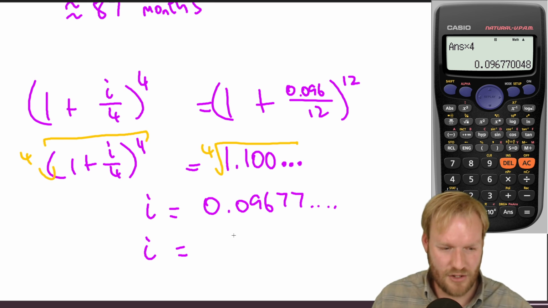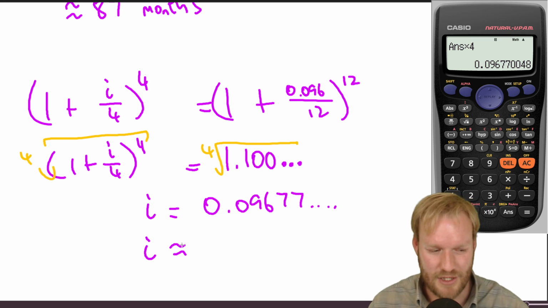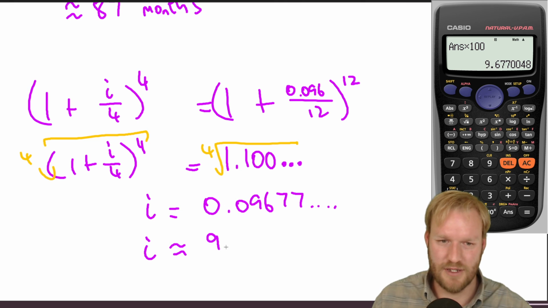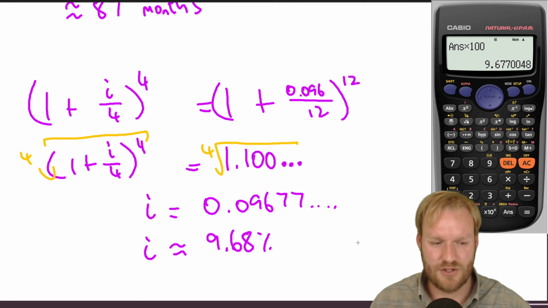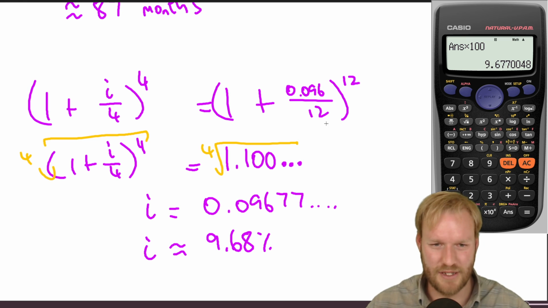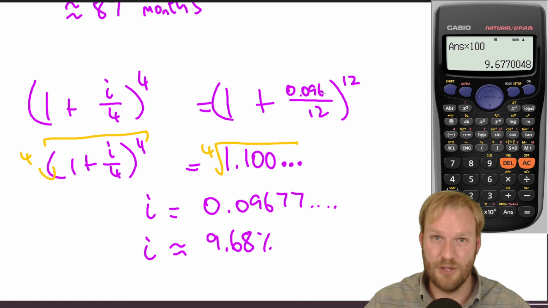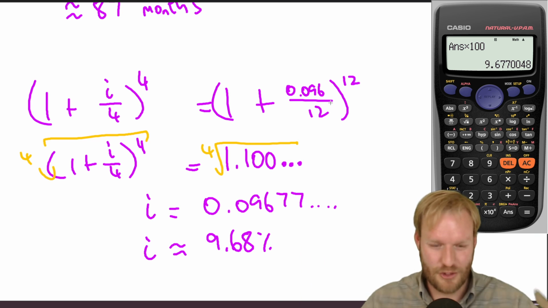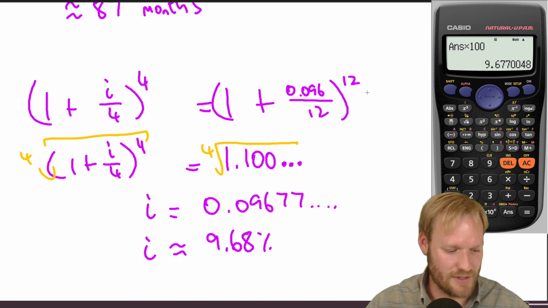So therefore our interest rate is, and whether you write an equals or approximately equal doesn't really matter, I'm going to just go times 100, equals 9.68 percent as our nominal, our quarterly. So in other words, 9.6% compounded monthly is the same as 9.68% compounded quarterly. Feels very similar, but over the long term this would make more of a difference. Okay, that is that one.